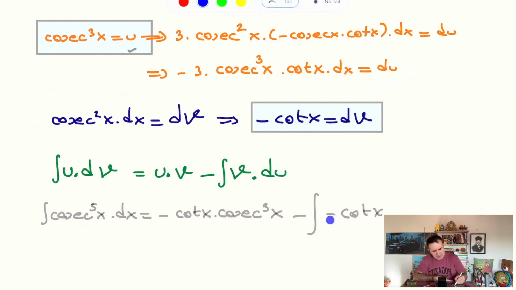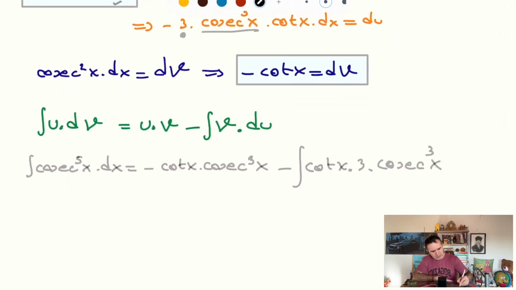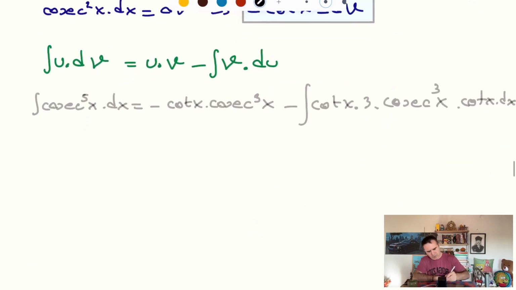Since we have minus here and minus here, this will be plus. Okay, I will erase it. Cotangent x times 3 times cosecant cube x times cotangent x dx.